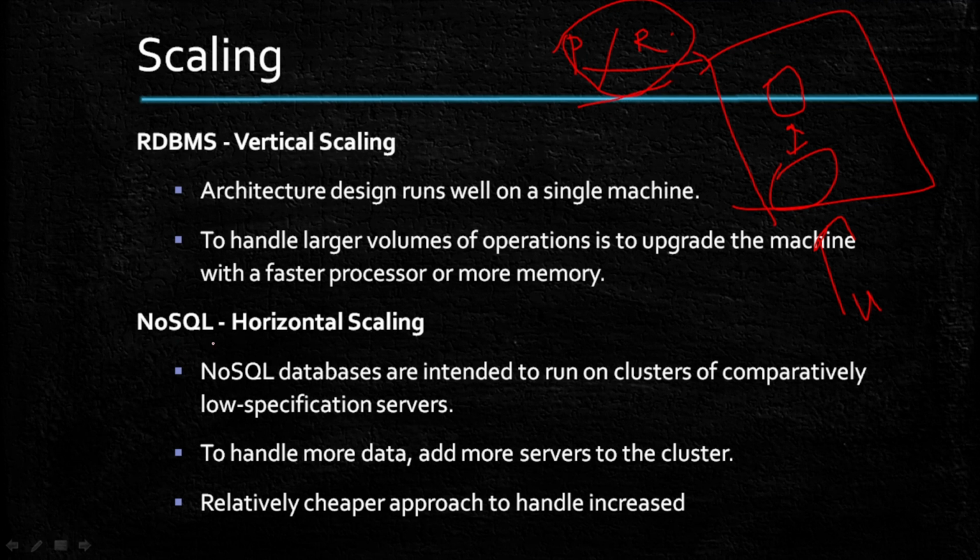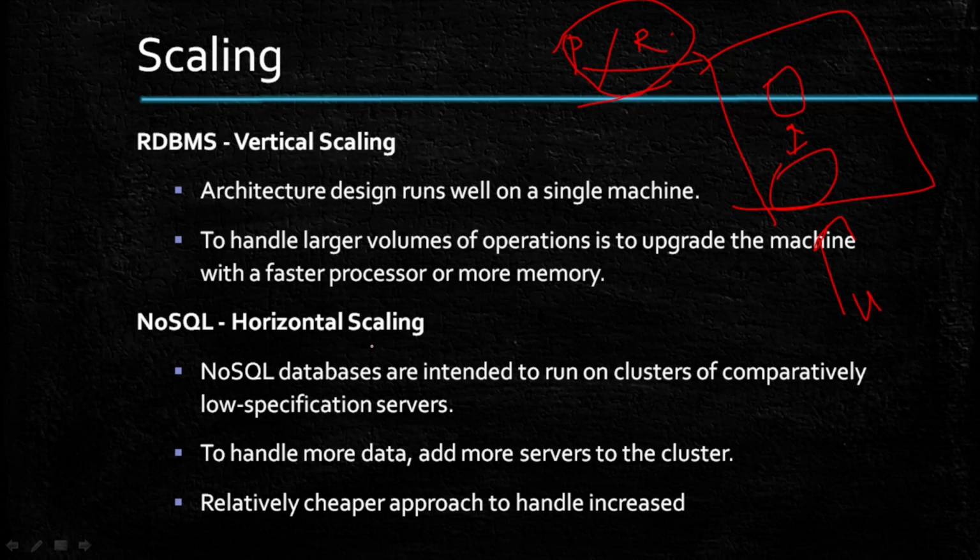But on the other hand, NoSQL supports horizontal scaling. NoSQL databases are intended to run on clusters of comparatively low-specification servers. To handle more data, add more servers to the cluster. It is a relatively cheaper approach to handle increases.